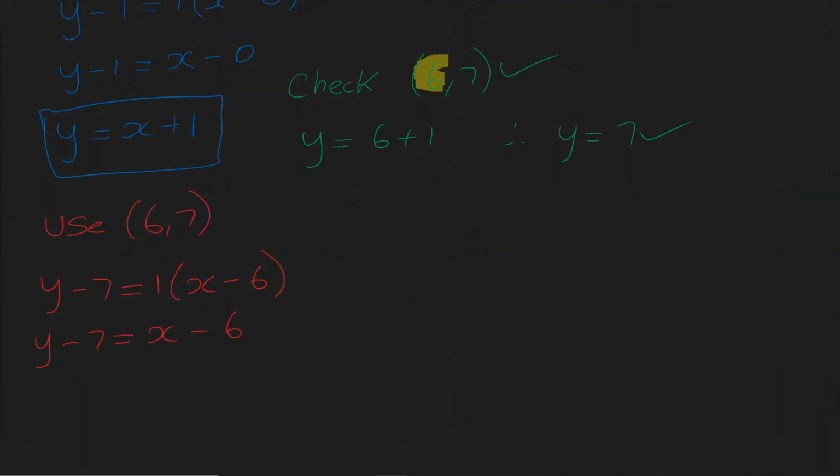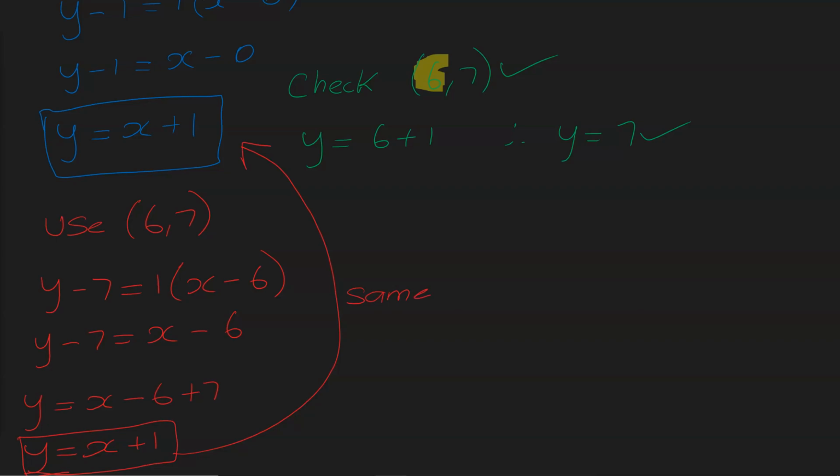And I'll rearrange my formula, so I get y equals x minus 6 plus 7. If I take negative 7 across, it becomes positive 7. Therefore, I will get y equals x plus 1, and this equation is the exact same.